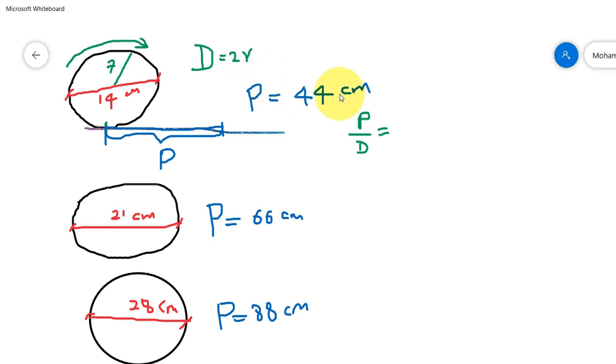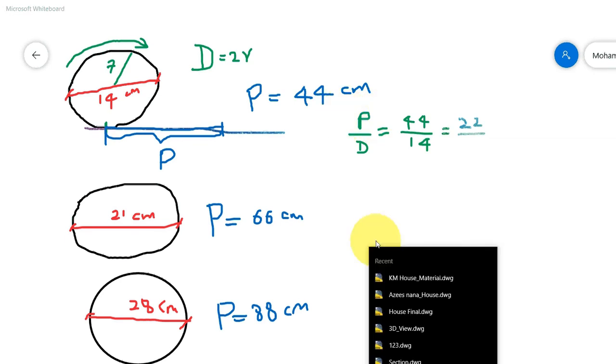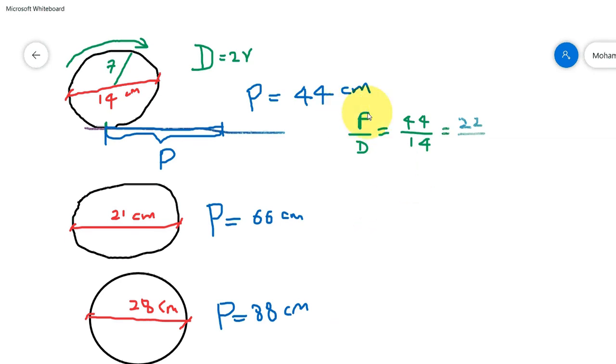In this case my perimeter is 44, my diameter is 14. I can simplify this by 2, top and bottom. If I simplify 44 by 2, I'll get 22. If I simplify 14 by 2, I'll get 7.